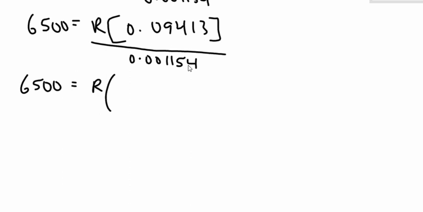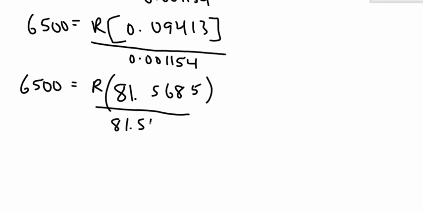Good. So I get 81.5685. And if I want to solve for R, I just need to divide by 81.5685 because that'll isolate R, and I'll know what her regular biweekly payment needs to be.